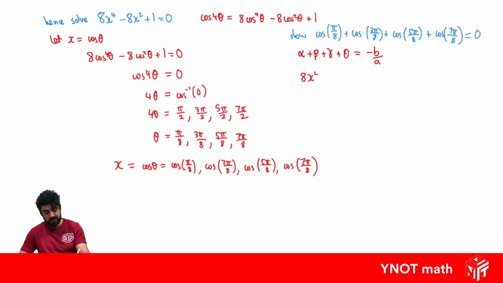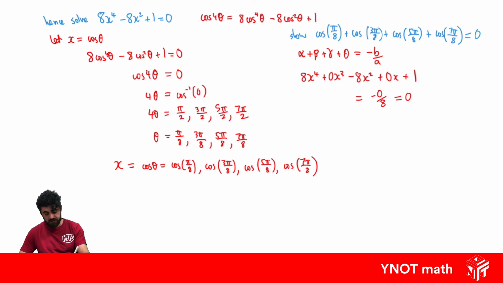So we have 8x to the 4 plus 0x cubed minus 8x squared plus 0x plus 1. And doing minus b over a, we get that the sum of all the roots must equal minus 0 over 8, which is 0. And we've successfully shown that if we add the roots together, it does equal 0.